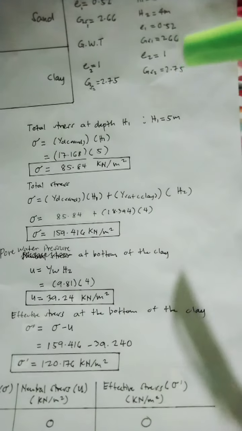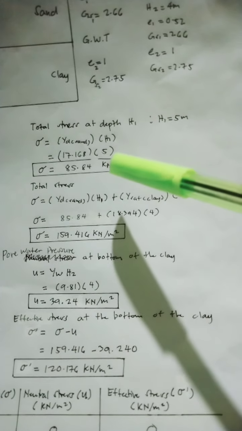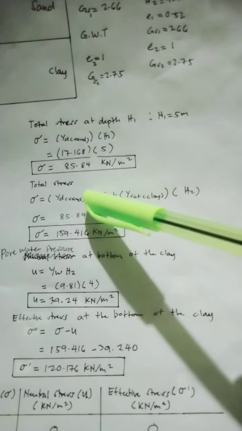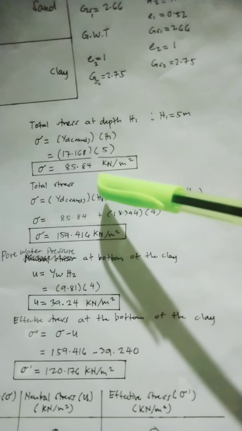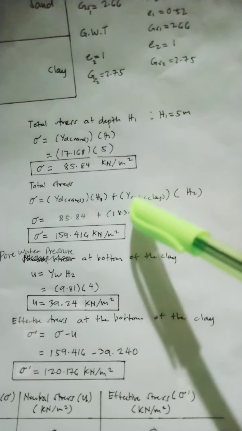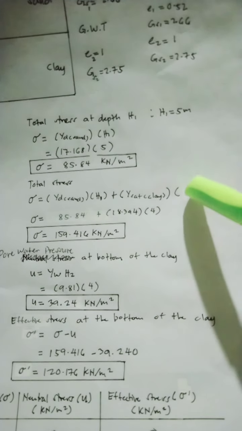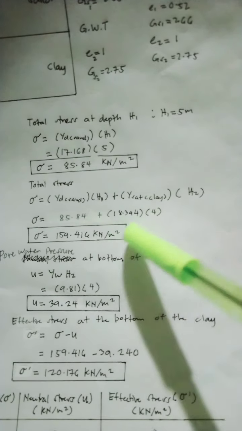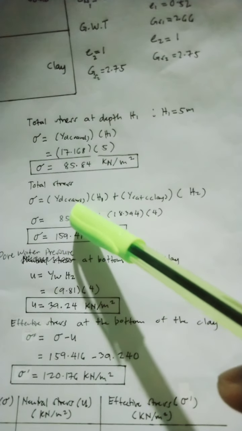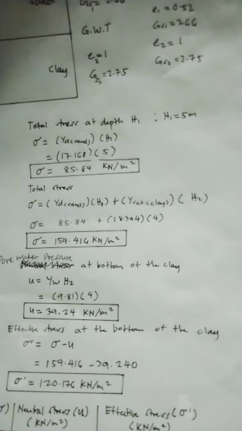Since these are all given, simply substitute these values. We have the dry unit weight of the sand times its depth, which is 85.84, plus the saturated unit weight, 18.394, times its depth of 4. Then we found that the total stress at the bottom of the clay is equal to 159.416 kilonewton per meter squared.